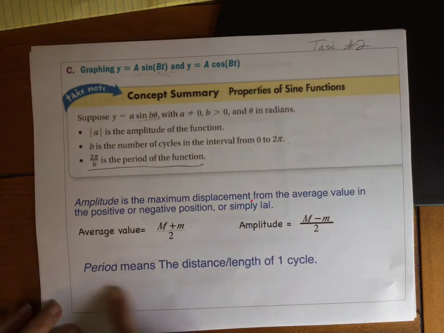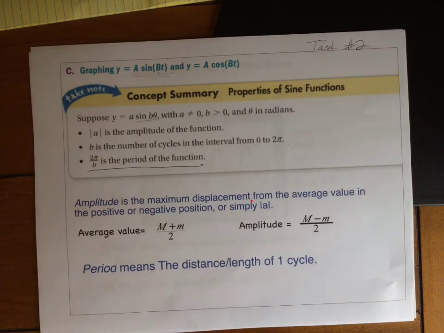And then here is that definition we talked about in task 1. Period means the distance or the length of one cycle. So it's just the time or the distance it takes to make one cycle or one full pattern as we talked about. So remember, like sine, the pattern was 0, max, 0, min, 0.